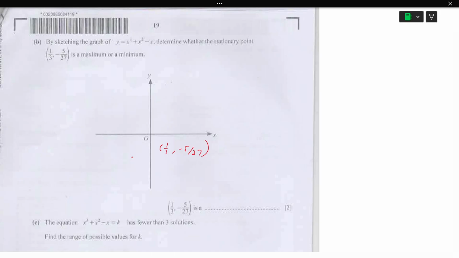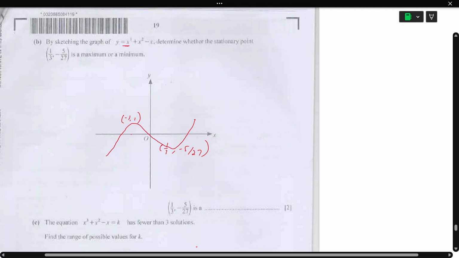We already found another turning point, which is negative 1 comma 1, in the second quadrant. As we know, it is a positive cubic equation, so it starts from here, goes here, and at this place it will turn. This point is going to be the minimum.